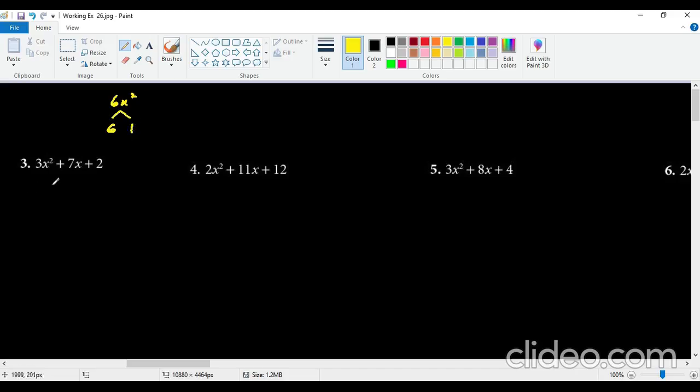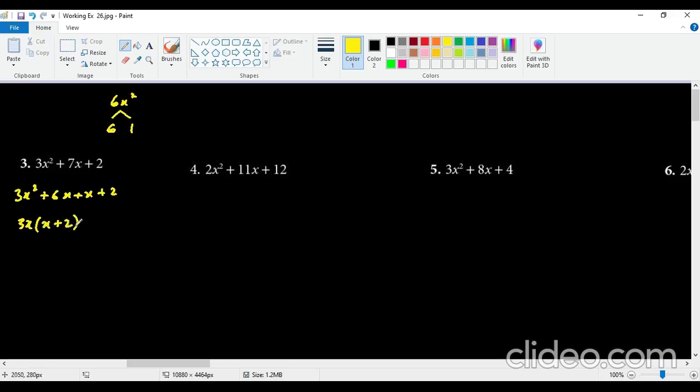Now in here, I will be factorizing in such a way that 3x square and plus 2 will be written in the corners, and plus 6x and plus 1x is going to give us a 7x. Now in here, the common factor I have is 3x and x plus 2.